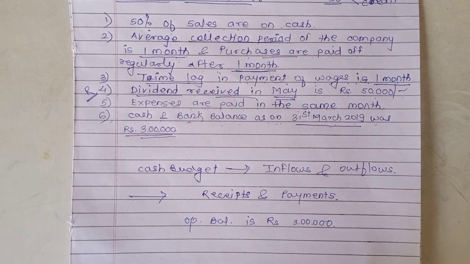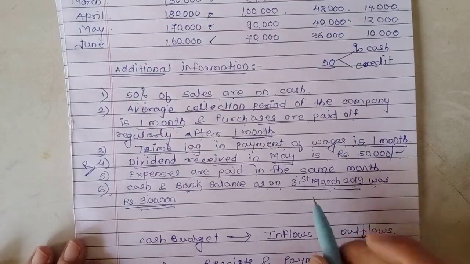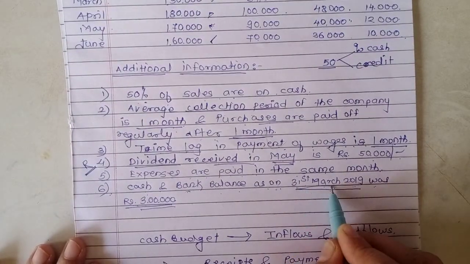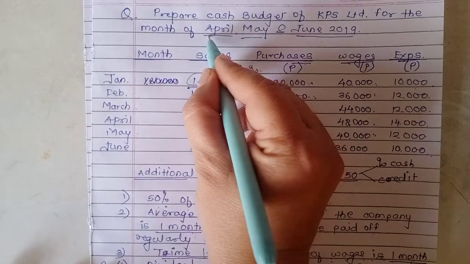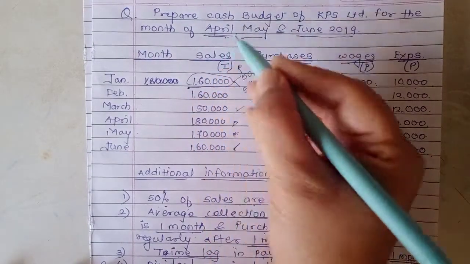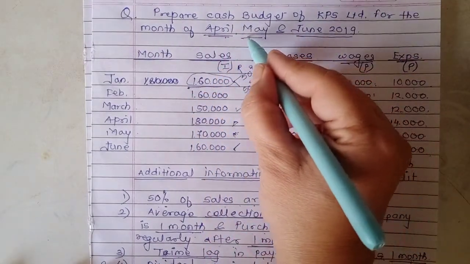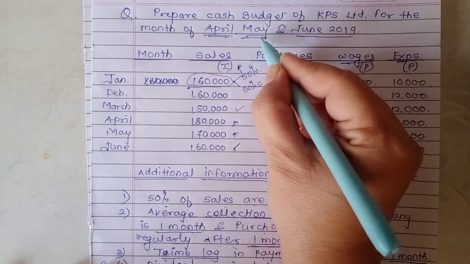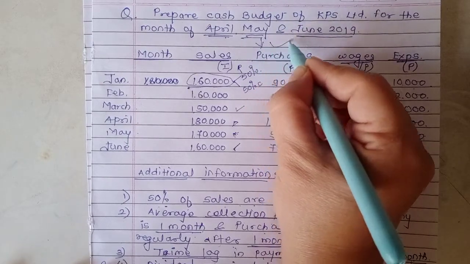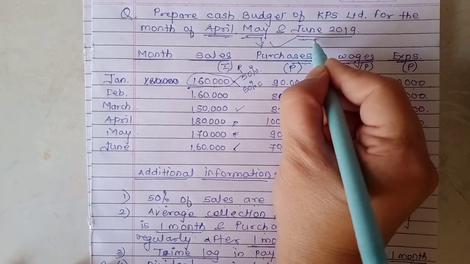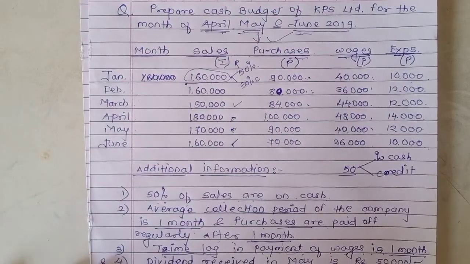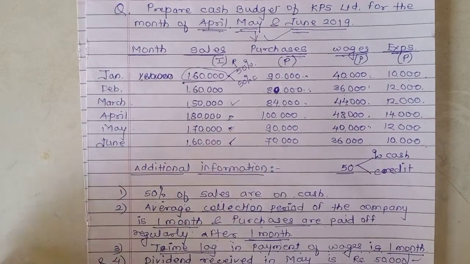So the closing balance of 31st March will become opening for April. April closing balance will become the opening balance for May. May closing balance will become opening for June. Like that, we have to prepare our cash budget.